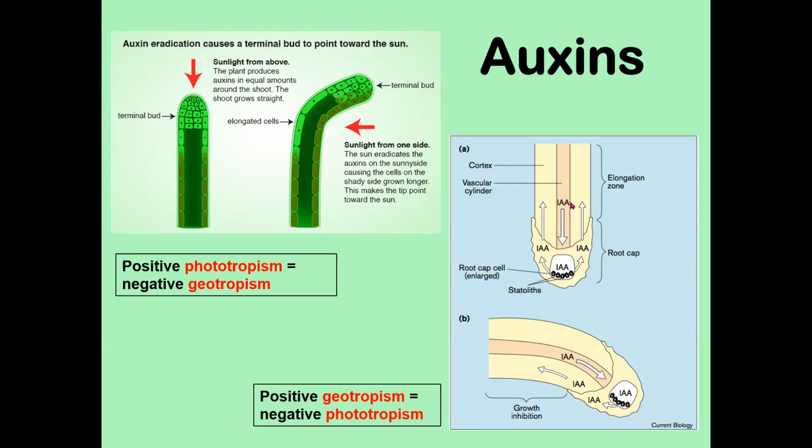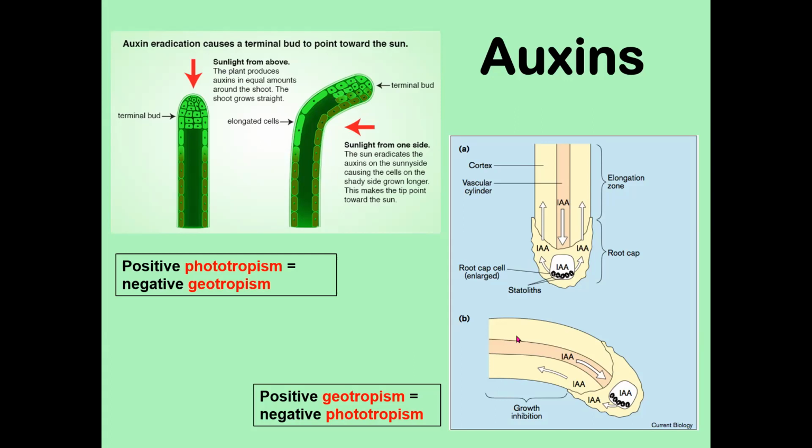Now, you see this IAA here, it stands for indole acetic acid. It's a form of oxygen. There are a small number of groups in that called oxygens. So what happens here is the oxygen in the root accumulates down the bottom, and it just grows down towards the gravity.